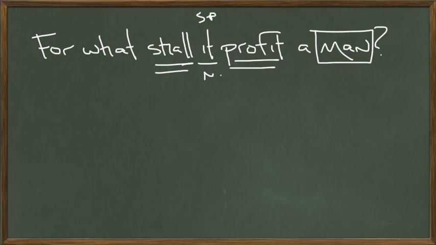And for what? We're just going to leave that as an introduction, and we're going to translate this into Latin. Now, profit is a form of sum, and since it's future, in Latin it's going to be erit. So, we would have the sentence, quid enim, which is just the intro, for what?